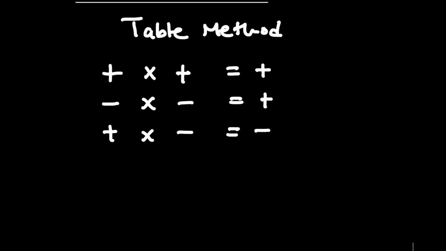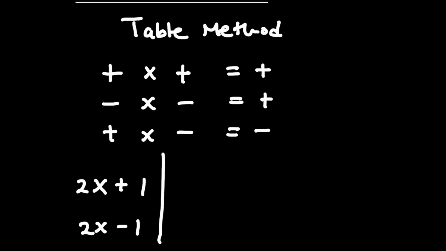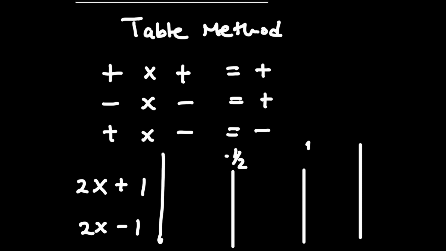Now you've got 2x plus 1 and 2x minus 1. The critical values over here are minus half and half. So it's minus half here and positive half here.